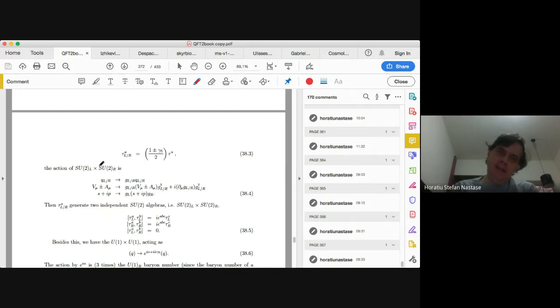And in this case, these independent SU2s act on the quarks from the left. So quark left or right goes to G left or right times quark left or right.